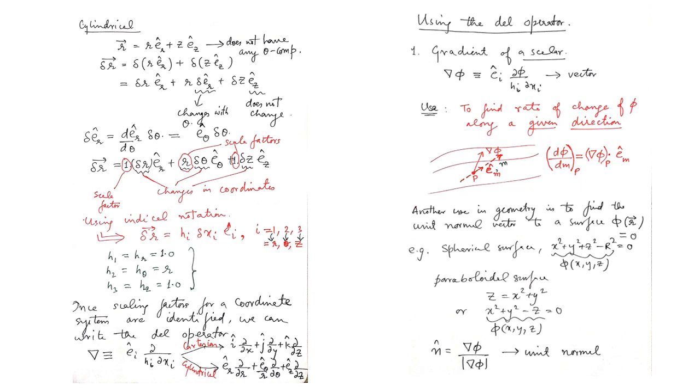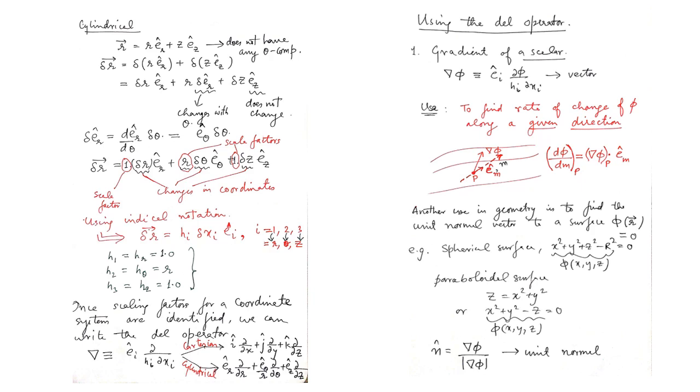So it will be a fixed direction vector. Grad phi direction, as I have shown, is not in general coincident with your direction of interest. So once grad phi and e_m are not aligned, the rate of change will always be smaller than in the direction of grad phi.